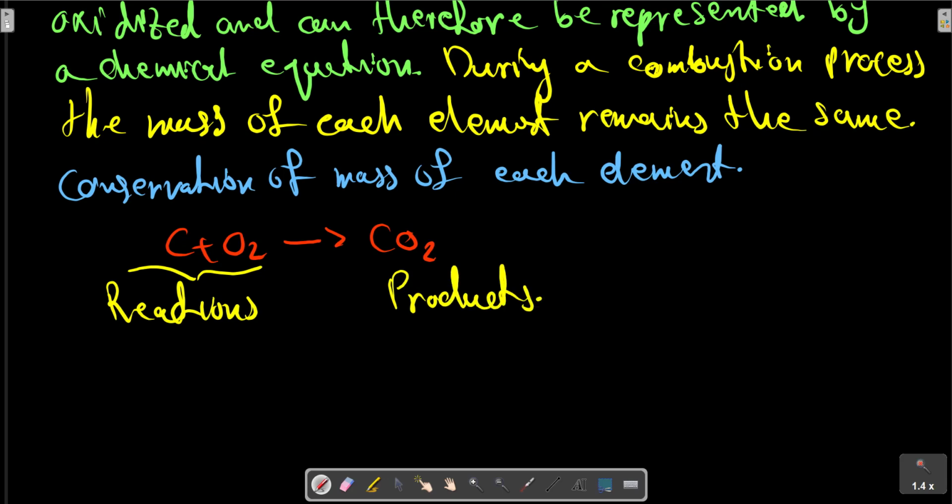This equation states that 1 kilomole of carbon reacts with 1 kilomole of oxygen to form 1 kilomole of carbon dioxide.